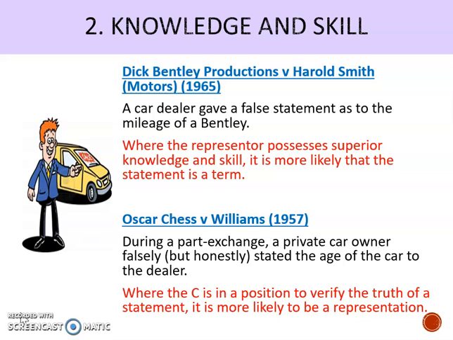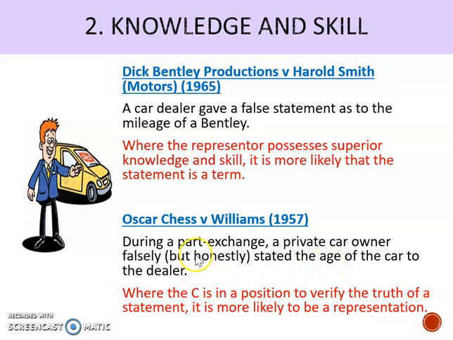Now, there was a part exchange happening here between a private car owner, who was just like a normal person, and a car dealer. Now, the private car owner gave a false statement to the dealer. She made a mistake. She gave a false age of the car to the dealer.